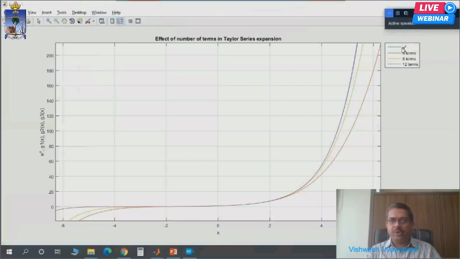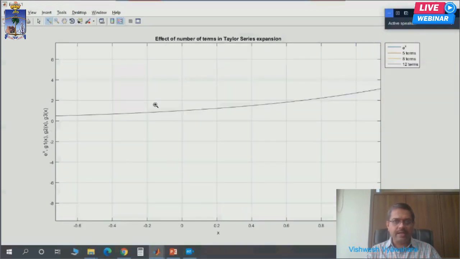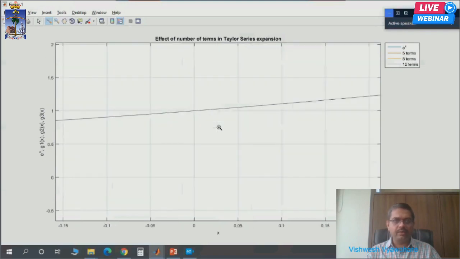The blue one is e to the power x, which is not at all distinguishable from the 12th term, I think violet curve, then the 5th term, and then the 8th term. And you see near x is equal to 0, all of them perfectly coincide because this is a Taylor series expansion, and near x is equal to 0, all of them are coinciding.